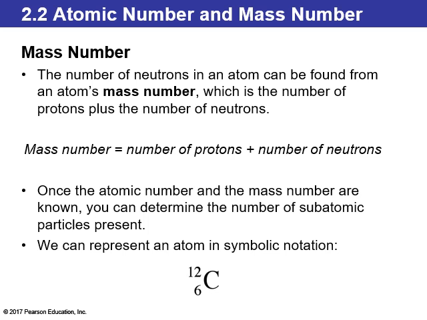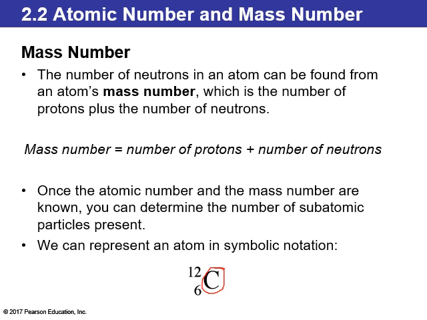Once we know the atomic number and the mass number, we can determine the element from the atomic number and the number of protons and neutrons in that atom. For example, if I told you that we had an element with the atomic number 6, we would get out our periodic table of the elements, count to number 6, and we would know that that atom is carbon.